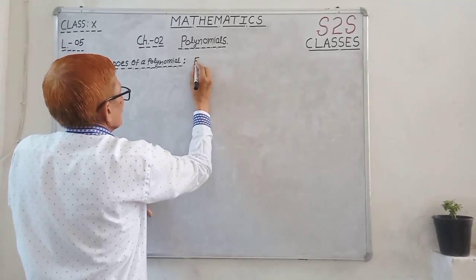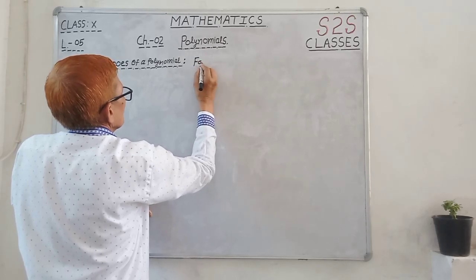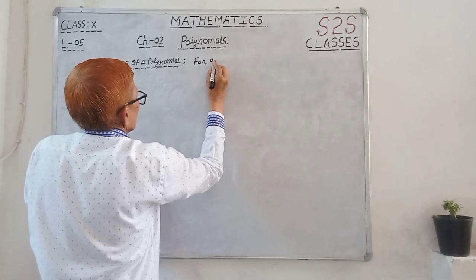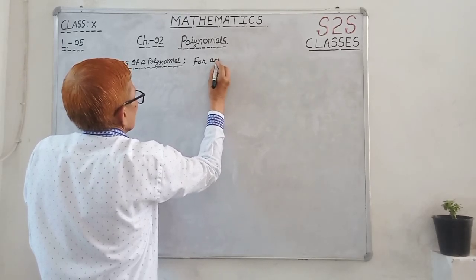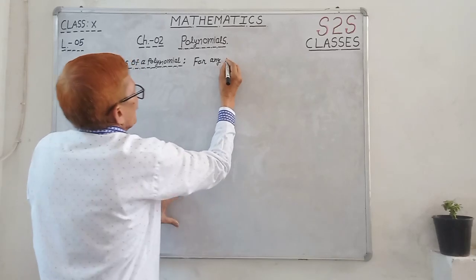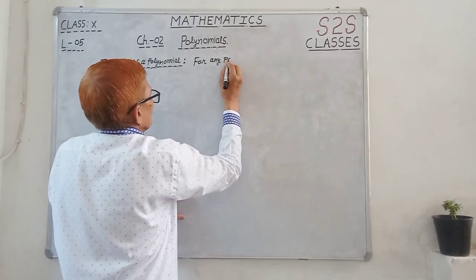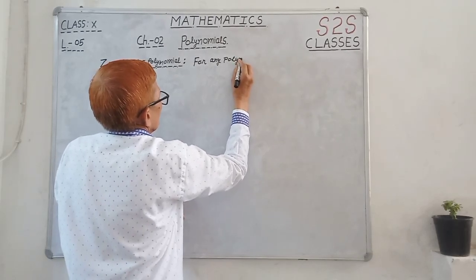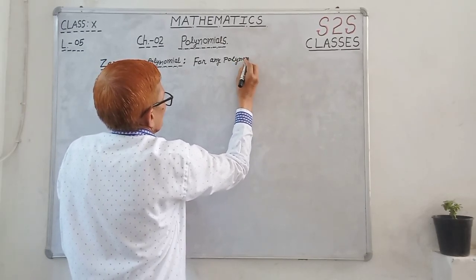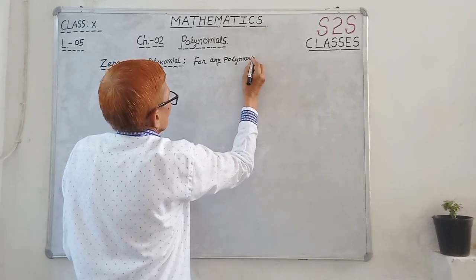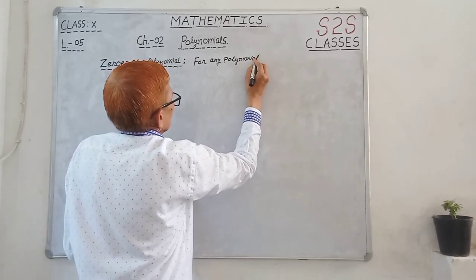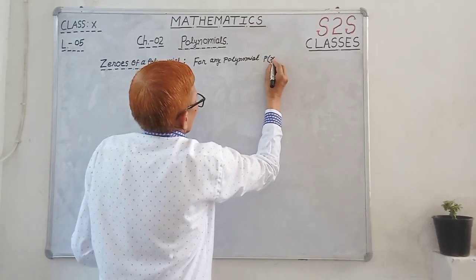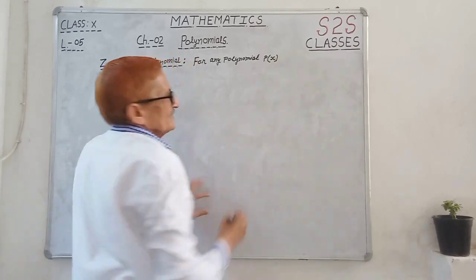For any polynomial p(x), you know a polynomial is represented by p(x), g(x), q(x).